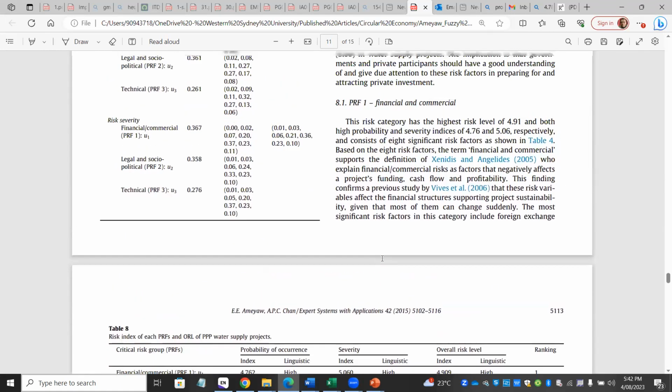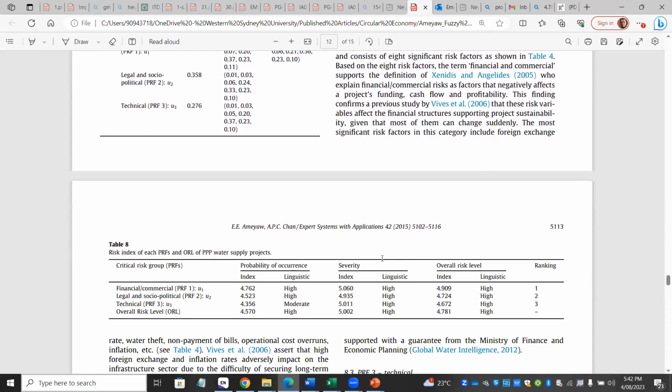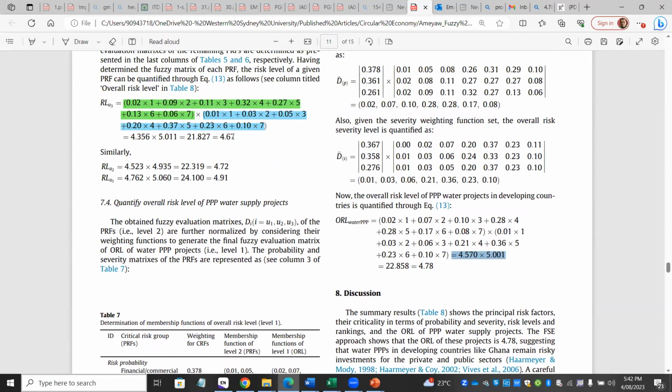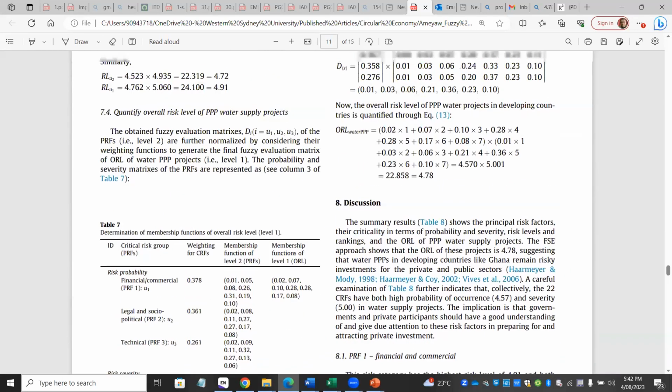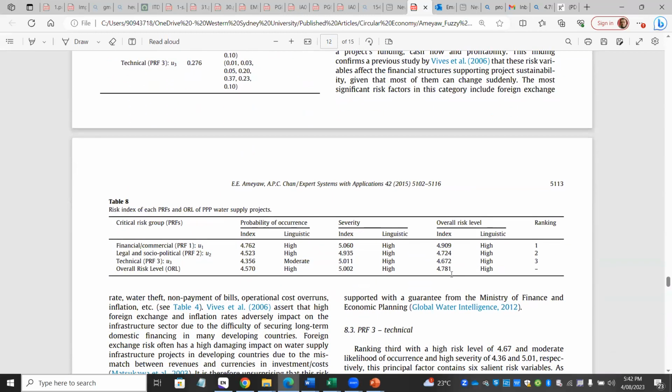When they were multiplied, for group 3 we got 4.672, when we multiplied and took the square root. For group 2, it's 4.72. Group 1 is about 4.901. And then the overall is 4.781 to 3 decimal places.